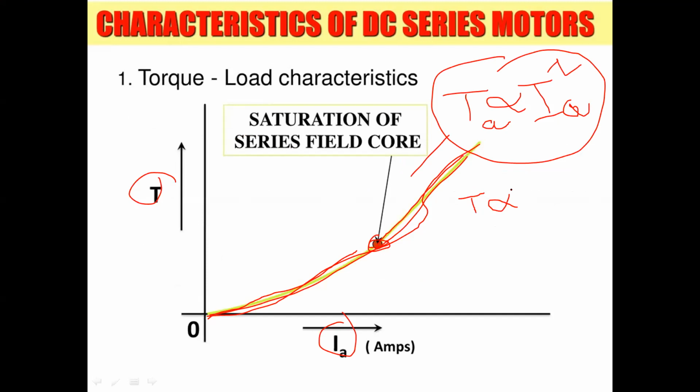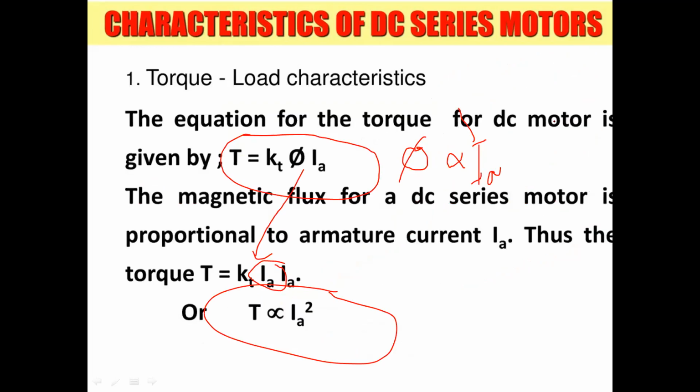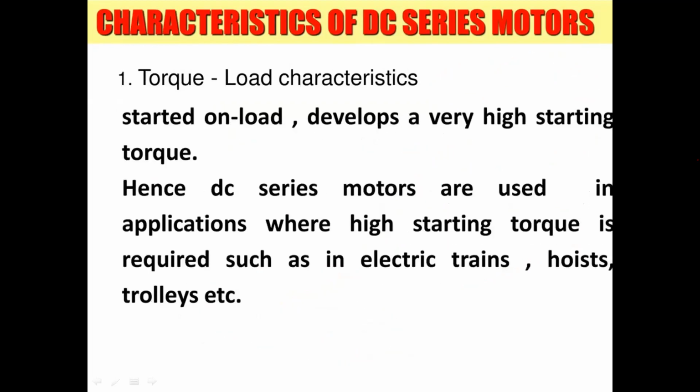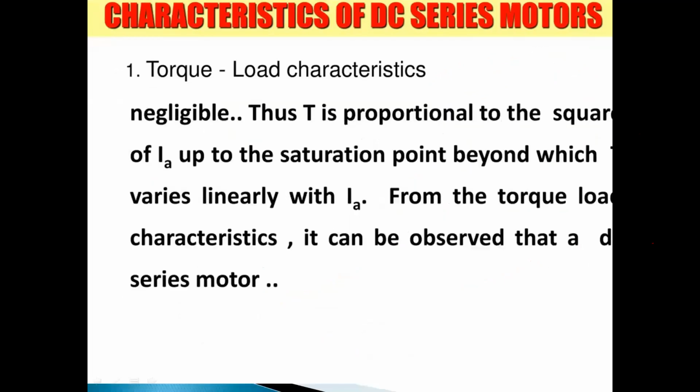So for this portion, torque is proportional to armature current. For this portion, torque is proportional to Ia square. T is proportional to the square of Ia, and after saturation, T varies linearly.